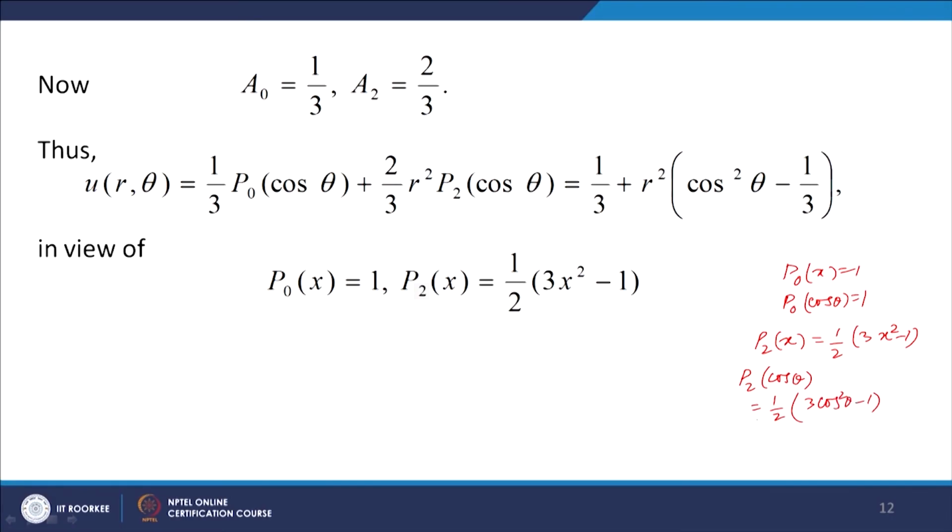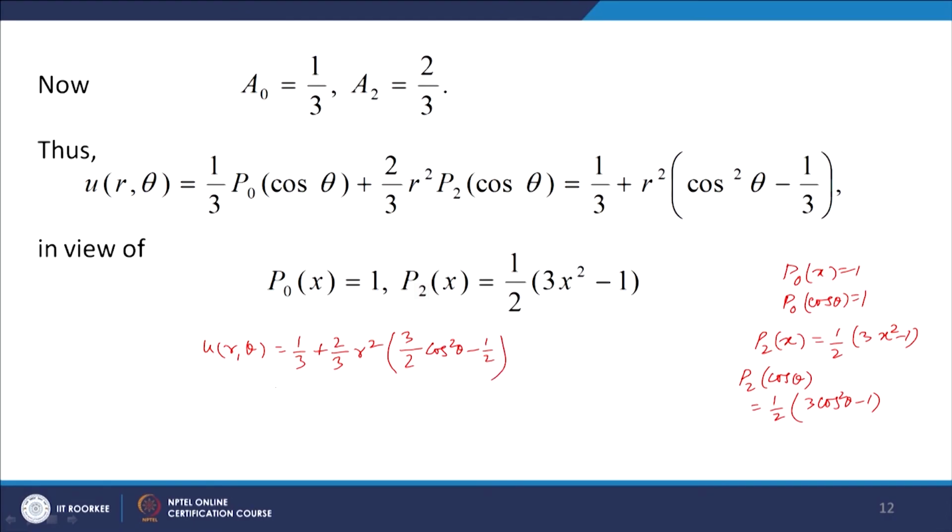So, let us put these values. u(r, theta) will be equal to 1 by 3, P naught cos theta is 1, plus 2 by 3 r square, and P2 cos theta is 3 by 2 cos square theta minus half.